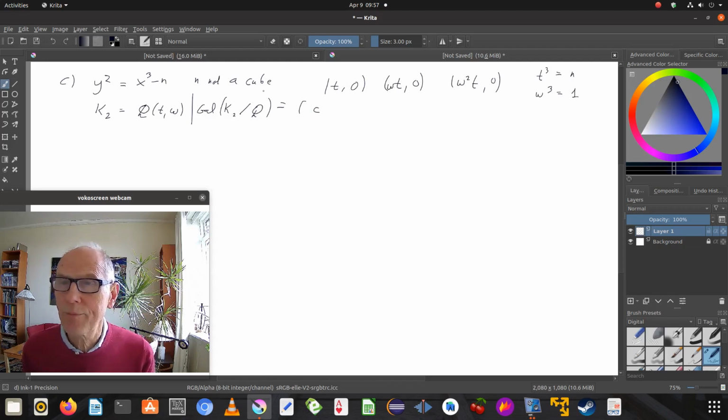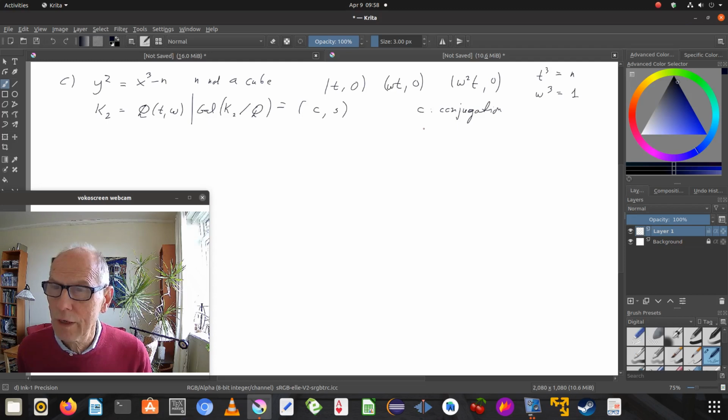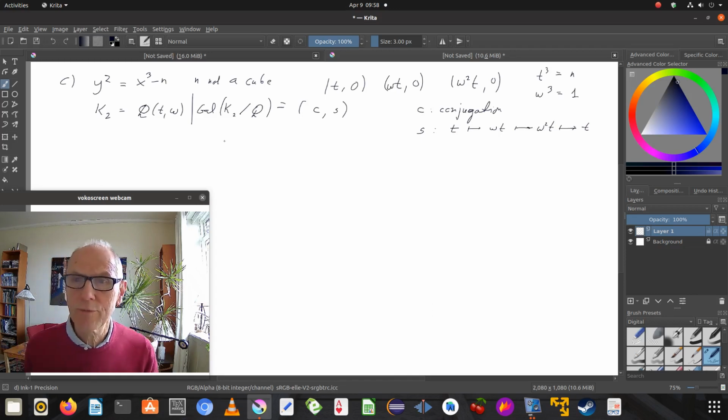And then we have the cyclic one, conjugation, and S for cyclic. Doesn't make sense, does it? So that's the full Galois group.